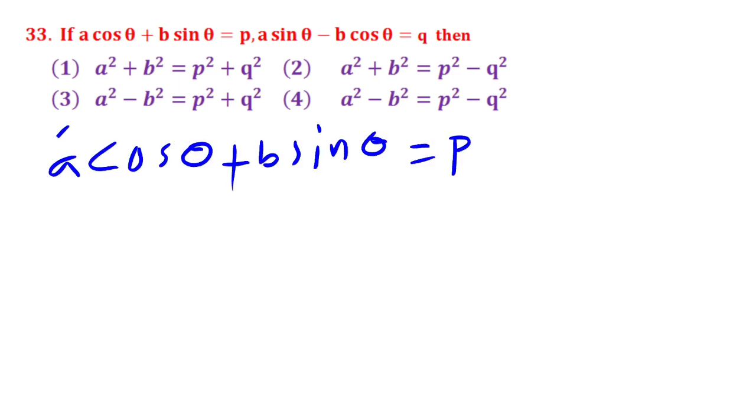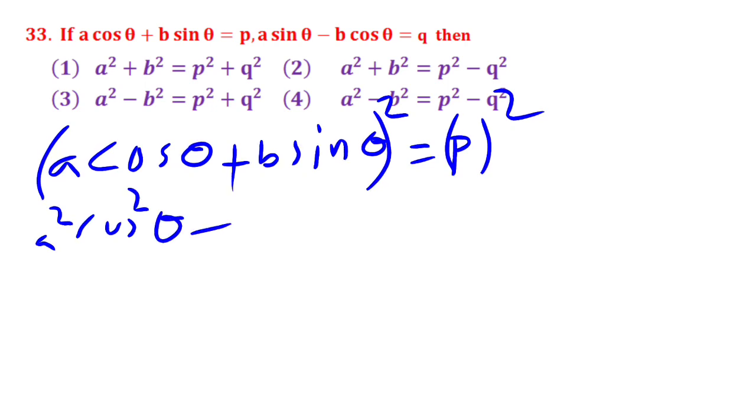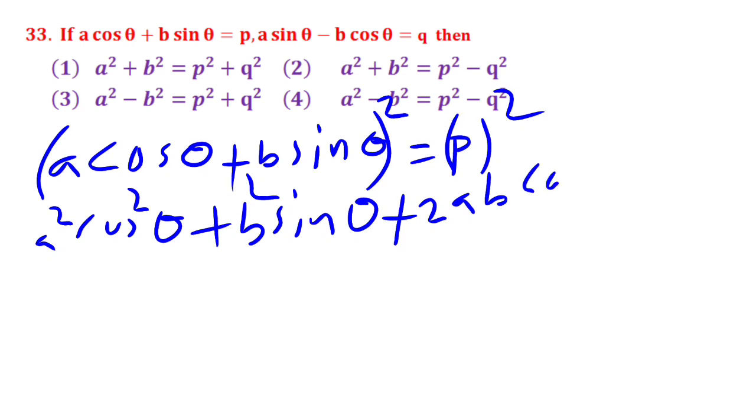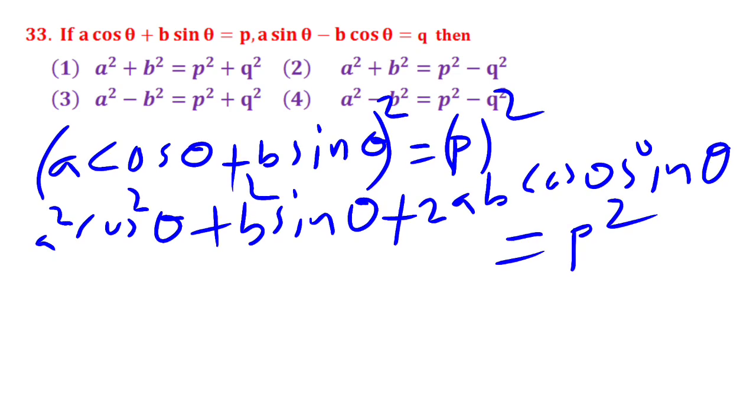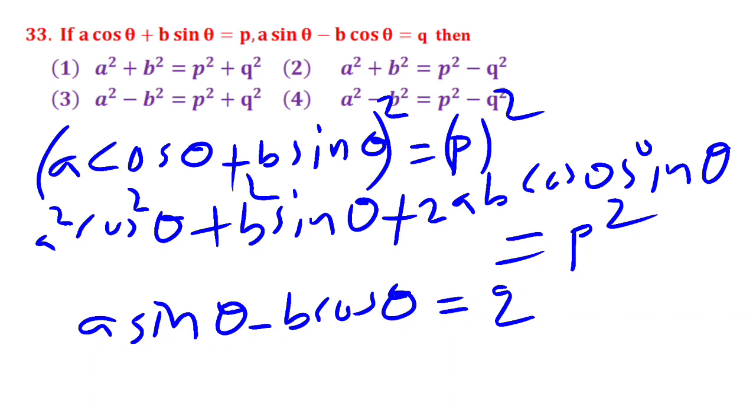Let's do the square on both sides of the first equation, LHS and RHS. A plus b whole square formula. So a square cos square theta plus b square sin square theta plus 2ab cos theta sin theta equals p square. Next, the second equation, same, do the square on both sides.